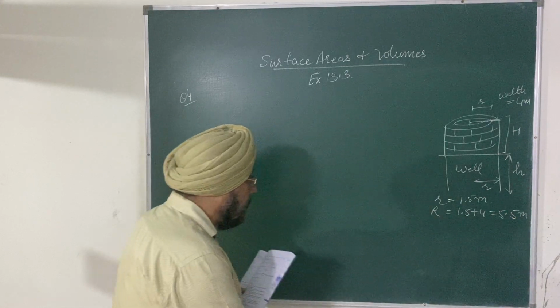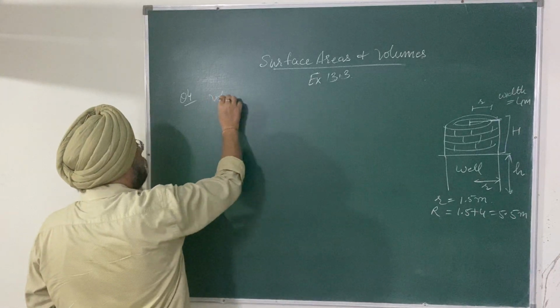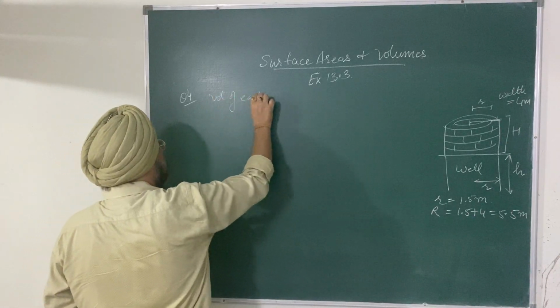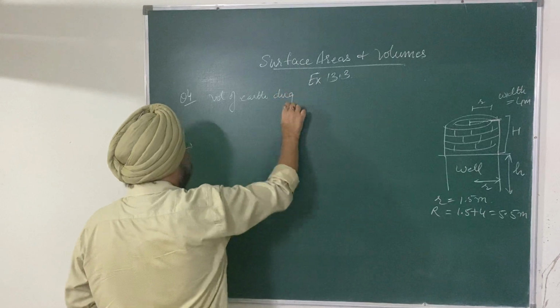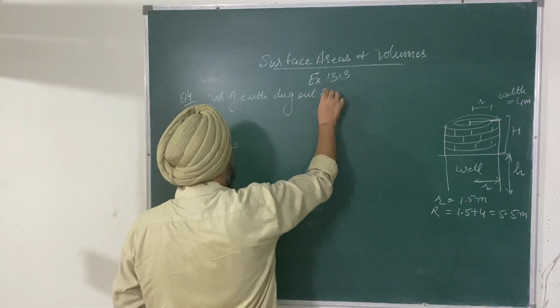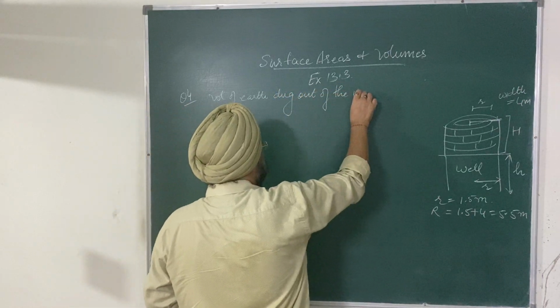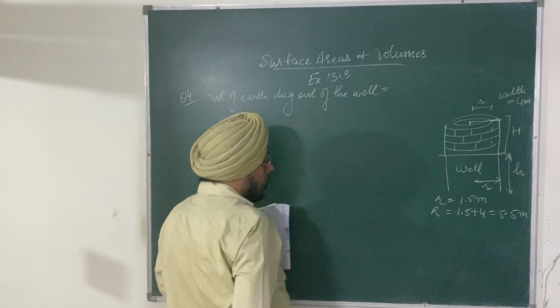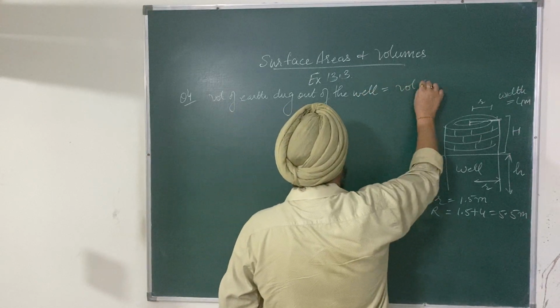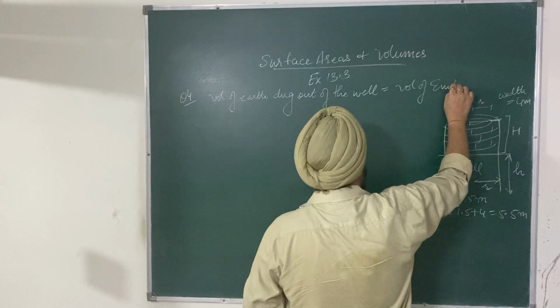Now let's apply the condition. Volume of earth dug out of the well must be equal to the volume of embankment.